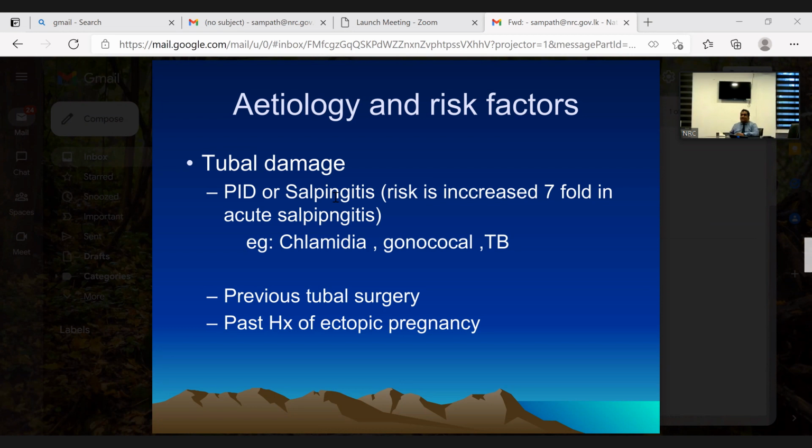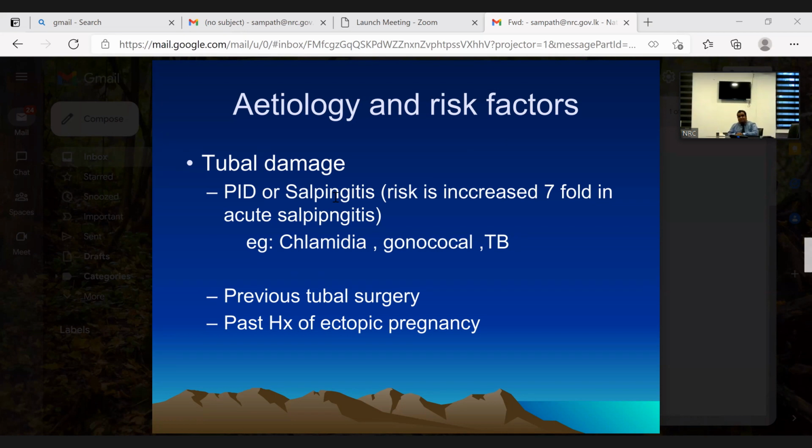This is the catch. Like I told you yesterday, if you learn this course to treat a patient, if she comes in the second pregnancy, think of ectopic, this pregnancy also. So you offer an early ultrasound scan to see whether that baby is intrauterine or extrauterine.